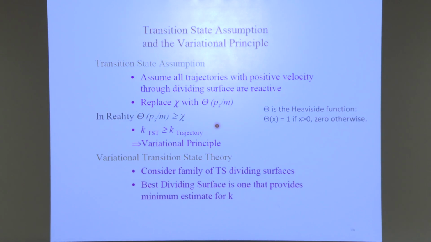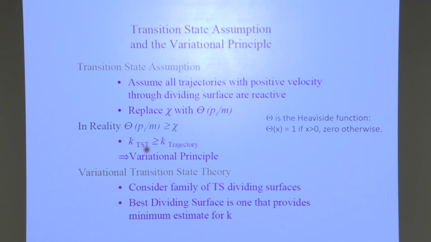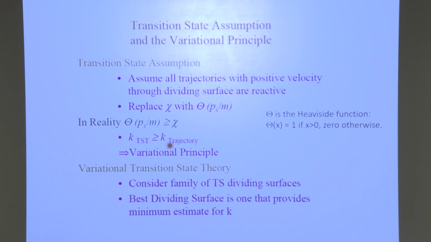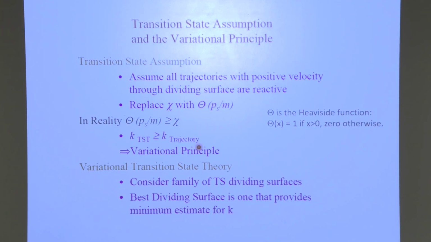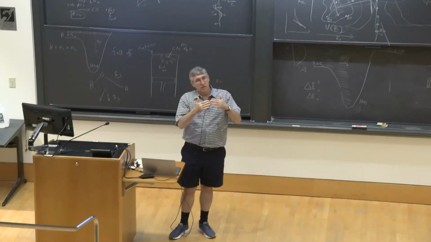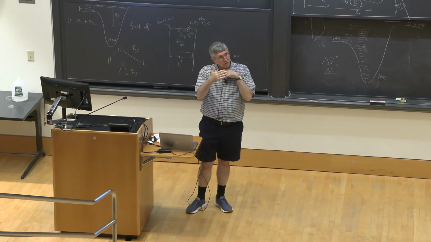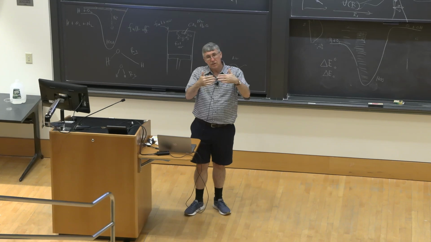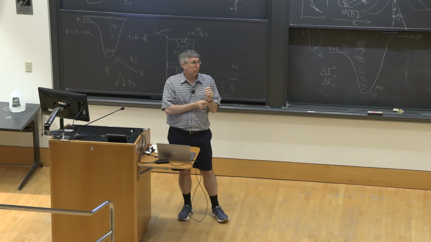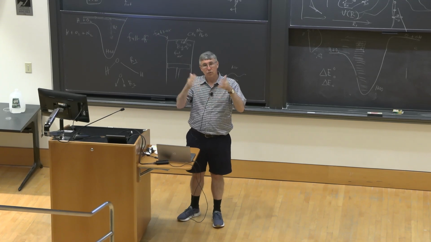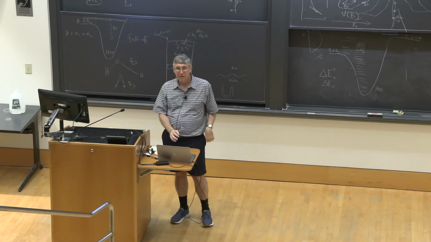Both of these things lead to the fact that the transition state theory rate is a little bit greater than you would get from doing actual trajectories if you followed every single detail all the way through. And you can get this transition state theory number to be closer to the true value by varying the shape of the dividing surface. The variational idea is that there's some optimal choice of dividing surface that gives the smallest possible rate, and that's actually the correct one to use, because everything you do with a wrong dividing surface increases the rate artificially.